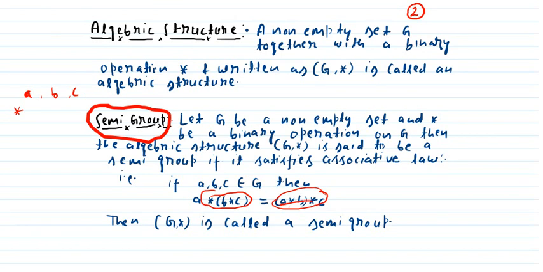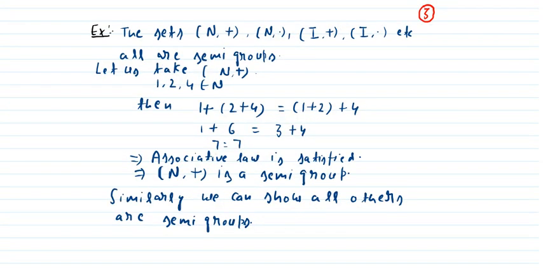Next, I am taking the examples. All these sets: the set of natural numbers with respect to addition, the set of natural numbers with respect to multiplication, the set of integers with respect to addition, and with respect to multiplication. I will check for the set of natural numbers with respect to addition.